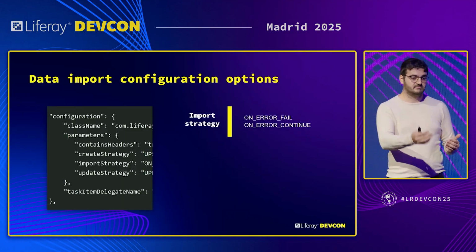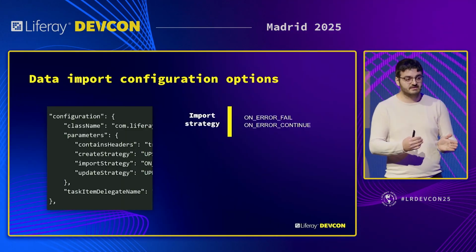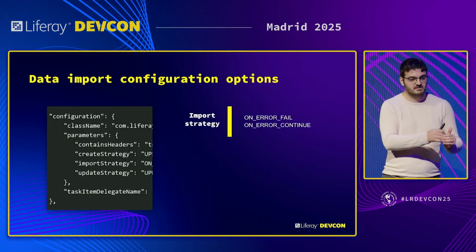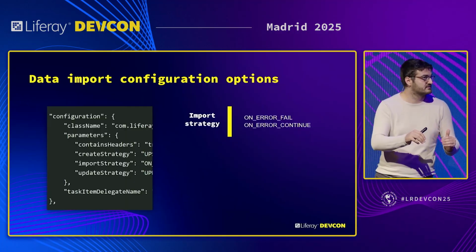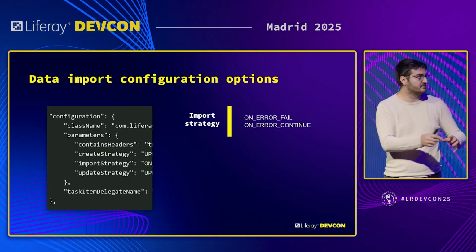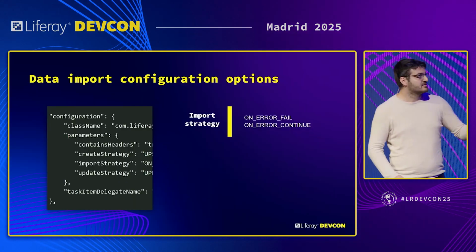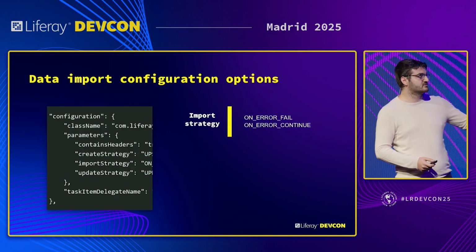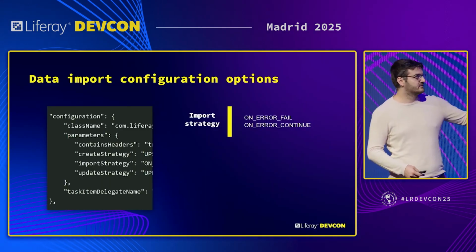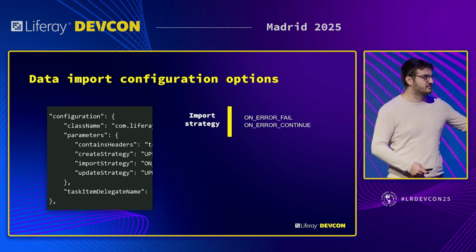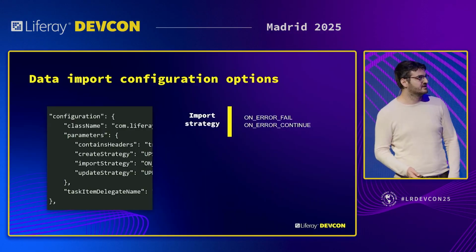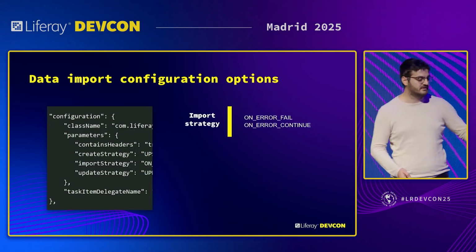That will make the batch execute everything that it can, and just at the end, after all the import tasks have run, you will have a little array that explains all the errors that you have. It's a little bit tricky because sometimes you will have a lot more errors than you should, because if you have an error at the beginning that makes a cascade of errors later, you will see a lot of errors that maybe are not that many. You will just solve one thing and everything will run smoothly later.